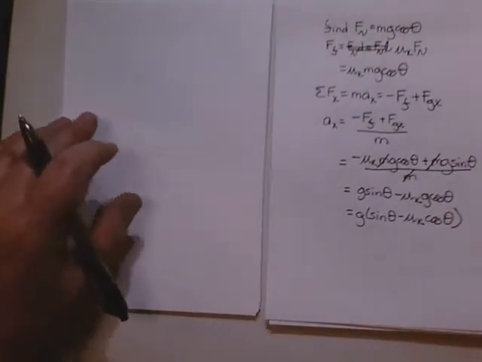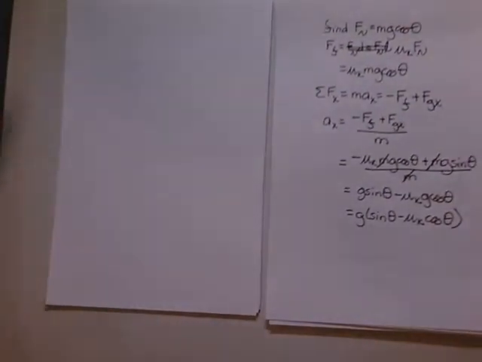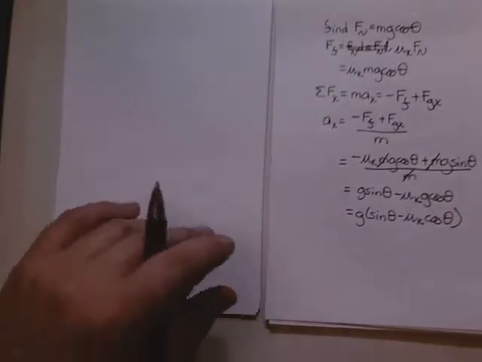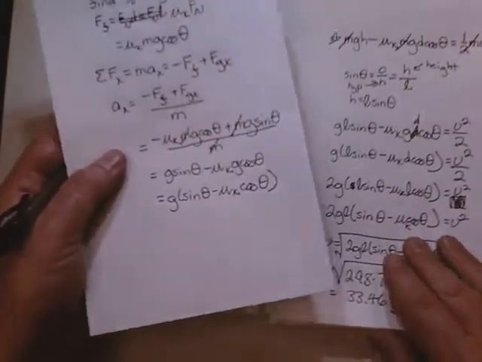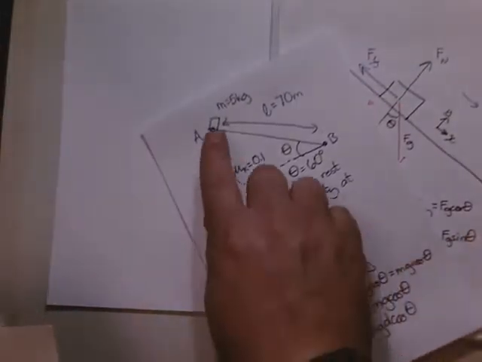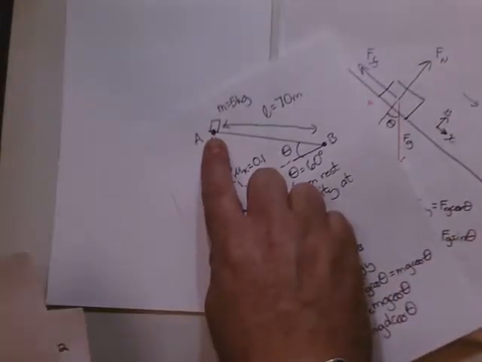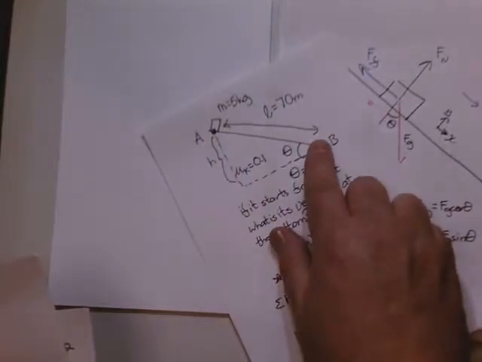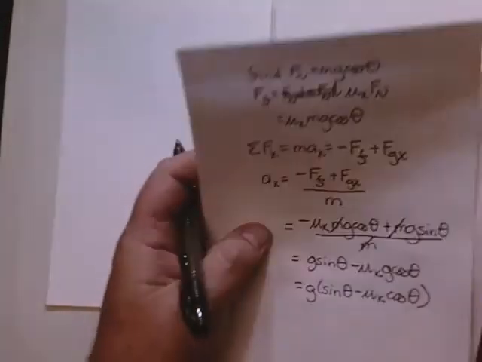Now that's the acceleration. Now that we have acceleration, it effectively becomes a one-dimensional motion problem because this object is accelerating over a distance L. So it's a one-dimensional motion problem.